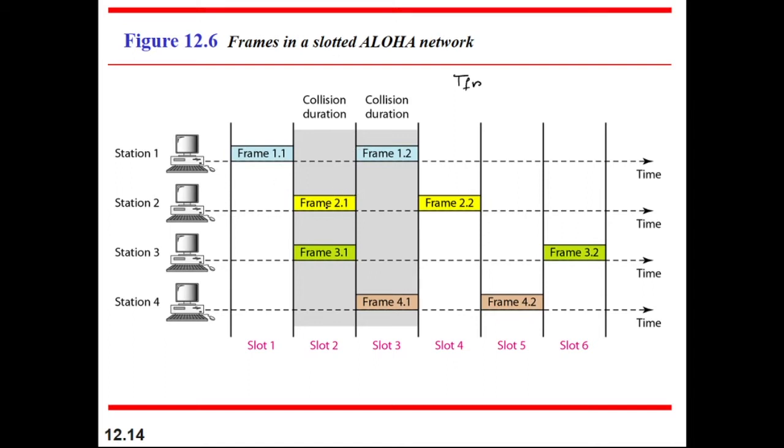Slotted ALOHA means the whole channel is divided into different time slots. Each station can send the frames only at the starting of a time slot. Okay, so in slotted ALOHA, the vulnerable time is TFR.